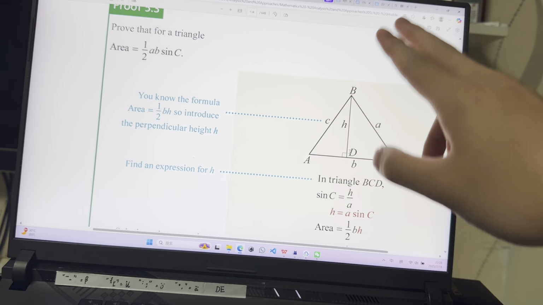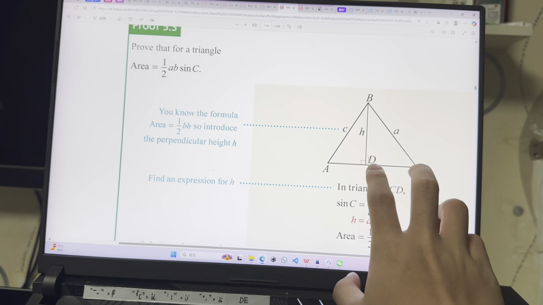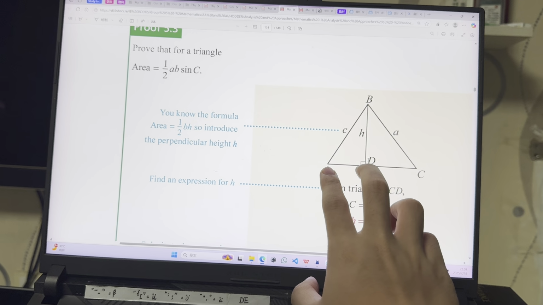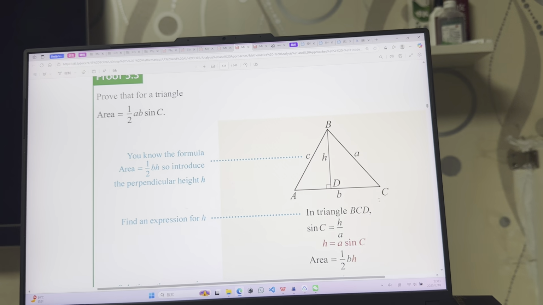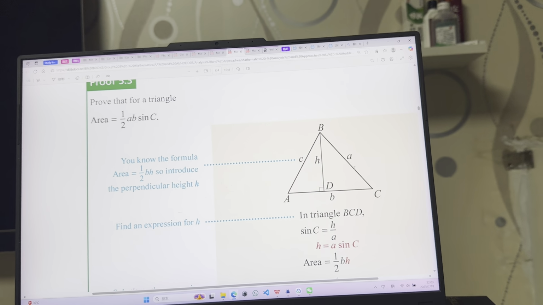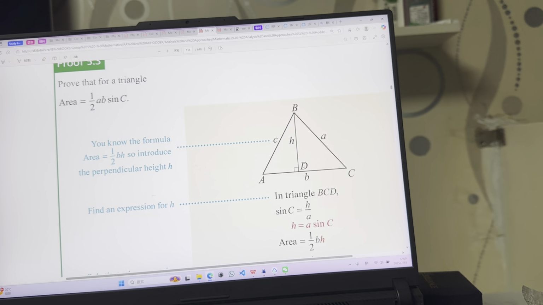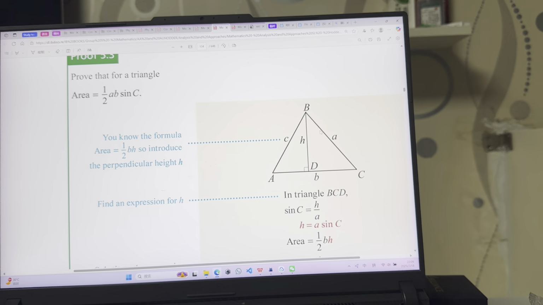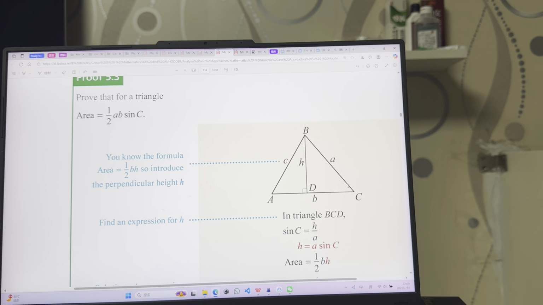Why do we use sine, not cosine? Because cosine is just this length. If we want to find this length, we need to find this length. Maybe you could create an equation, but it doesn't make sense. I mean, we just make everything easier. So here's a, here's h. According to the definition, sine C is equal to h over a. So we know that h is equal to a times sine C.